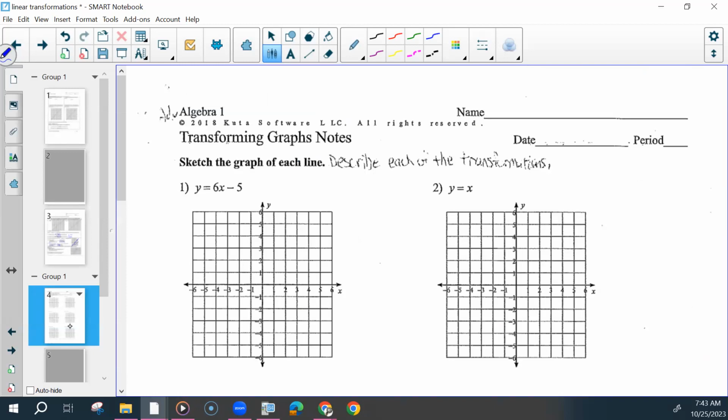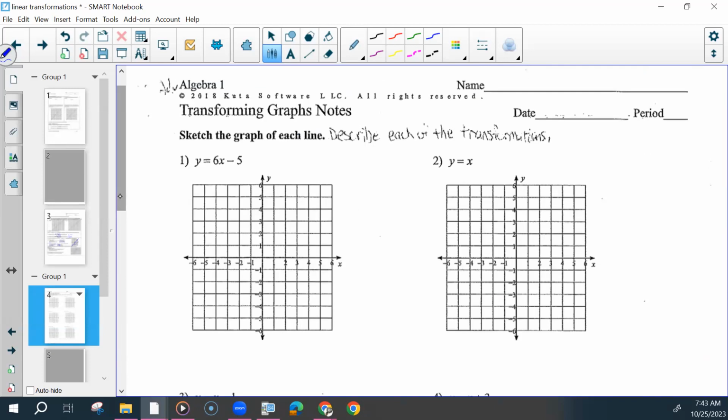So this page is going to be a mixture of graphing and describing. We're going to mix that up. So on this first one, I'm gonna draw in the original y equals x. You can do this, you don't have to do this. If you want rulers, you're free to grab those.